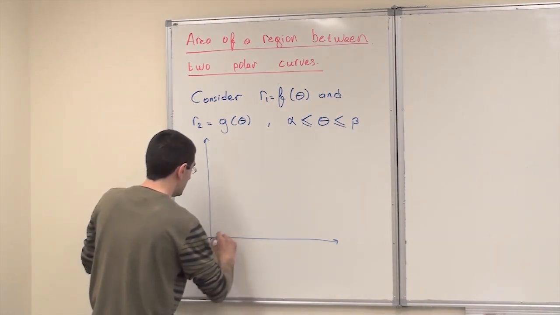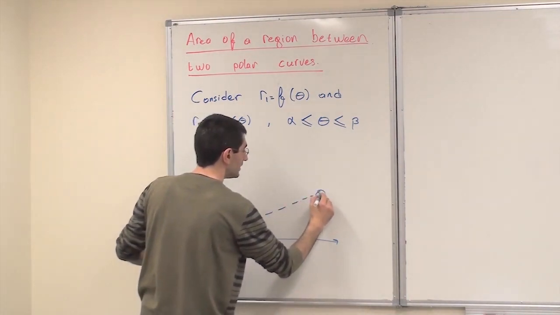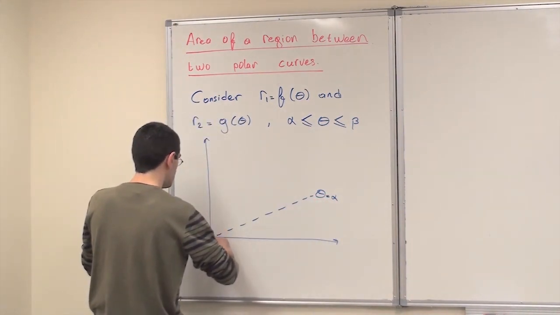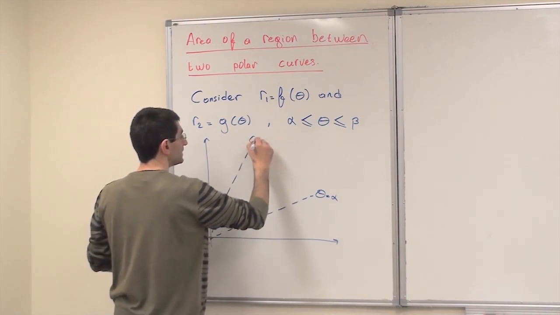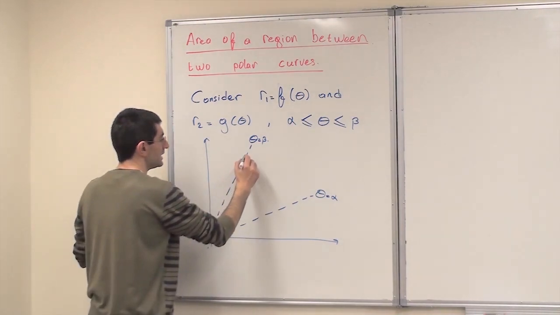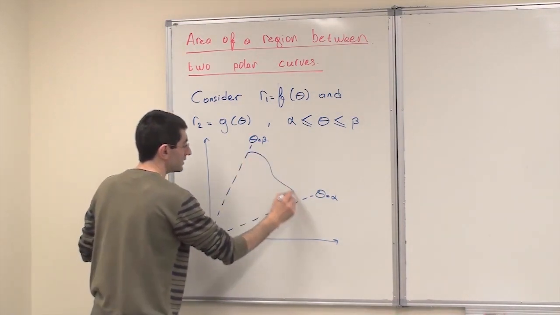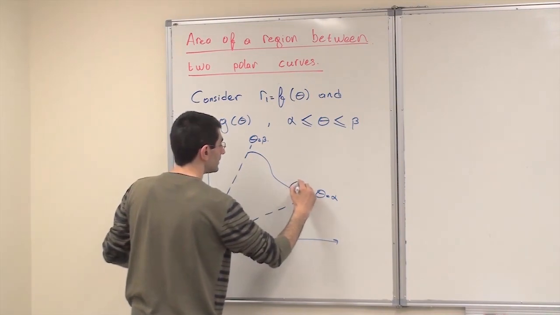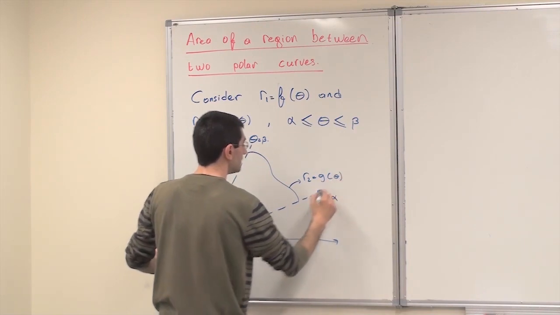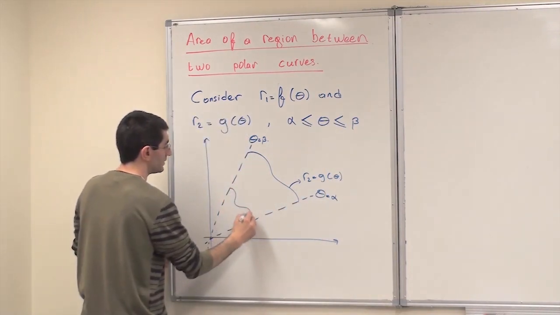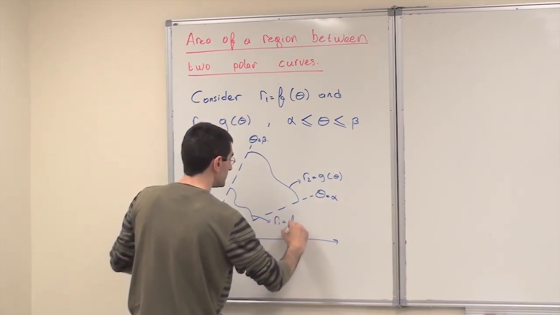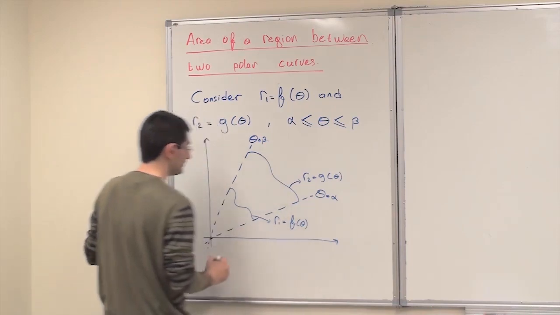So I draw again the lines theta equals alpha and theta equals beta. So let's say that this one here is our curve r2 equals g of theta, and this one is r1 equals f of theta.